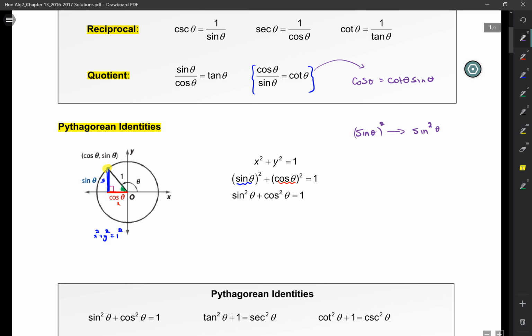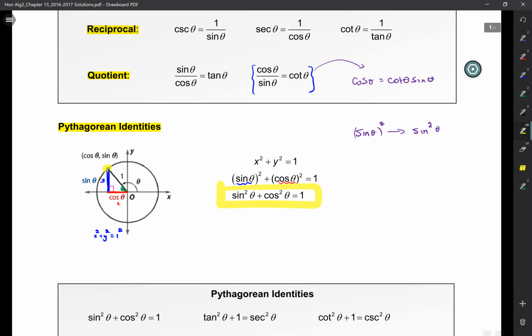Those two mean the same thing, two ways of writing the same exact thing. So I can write sine squared theta plus cosine squared theta is equal to 1. And now look, this is called the Pythagorean identity.